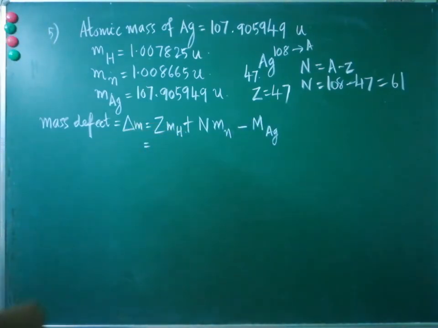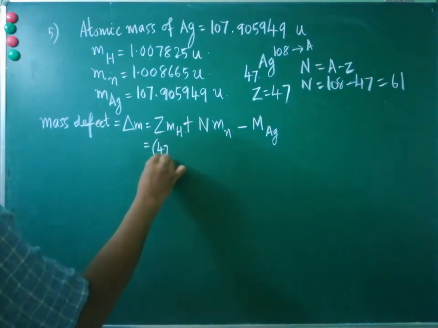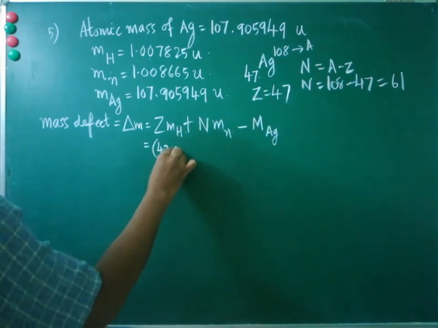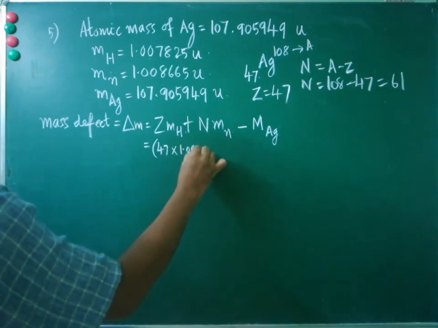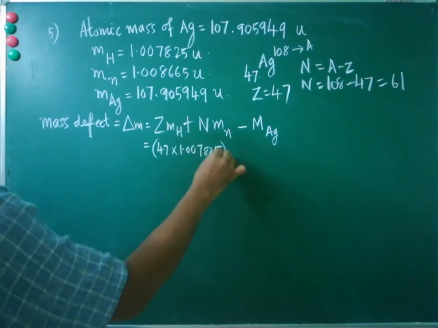Substitute all the values here. With the help of all the available values we can calculate. 47 is the number of protons, into the mass of the hydrogen atom, which is 1.007825. This part must be calculated.